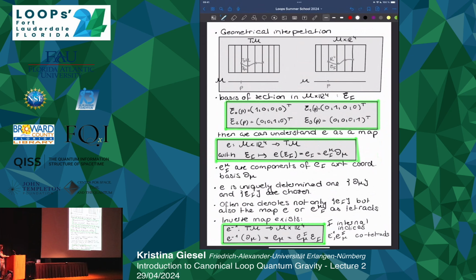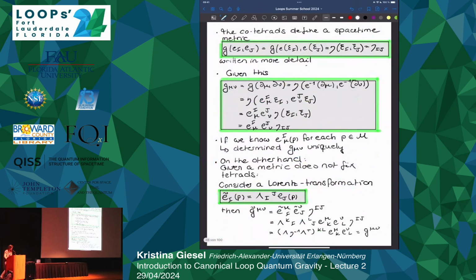Here, I again are the internal indices, and by the inverse map, I can take an element of the coordinate basis d mu and map it to E mu, which can be written as E mu I xi I, so expanded in terms of xi. And the inverse we would call the coframe, so the cotetrad.